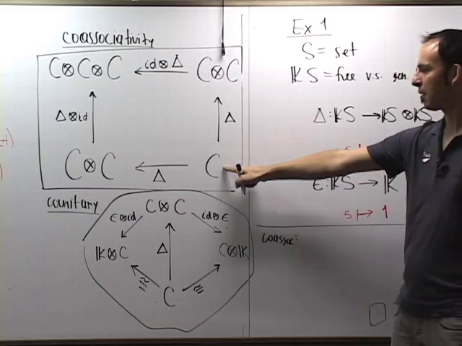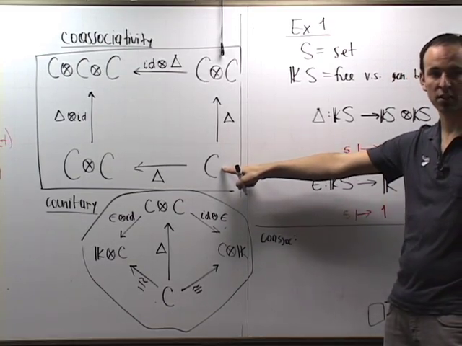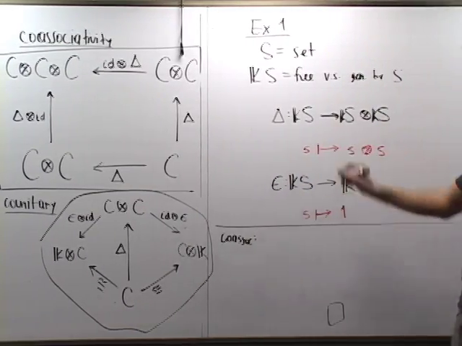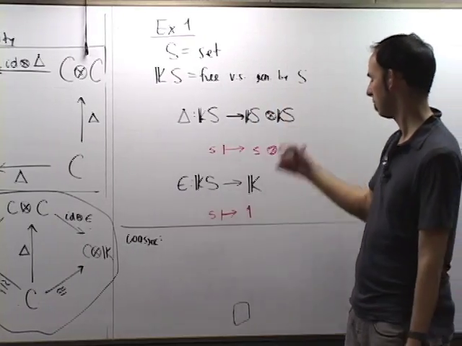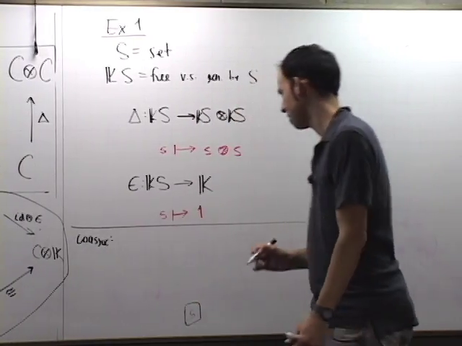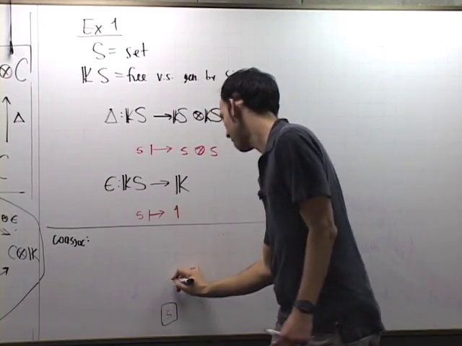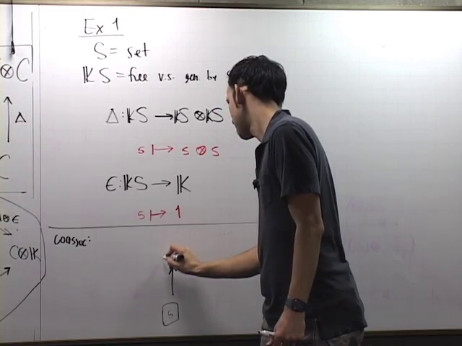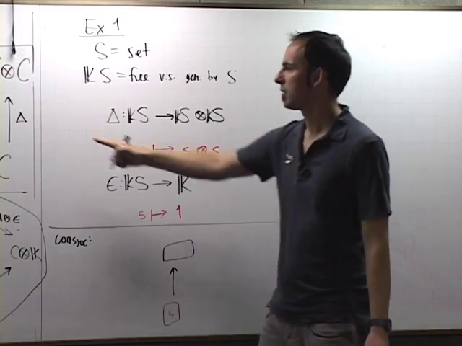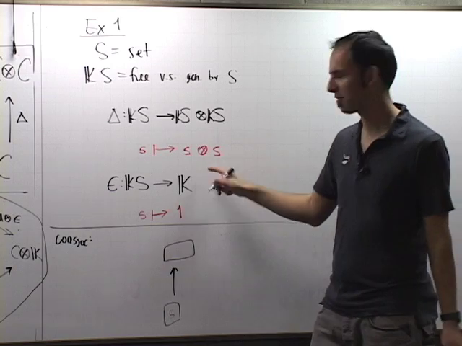I start here. Let's take a basis element. Again, you can just check on basis elements. So a basis element here is just going to be one of the elements of my set. I map it up. What do I get? I apply delta, which just does S tensor S.